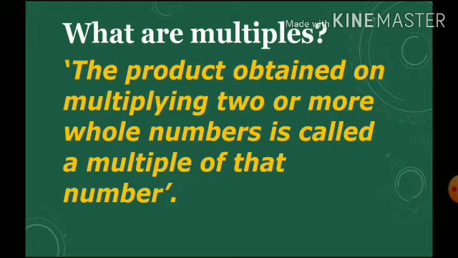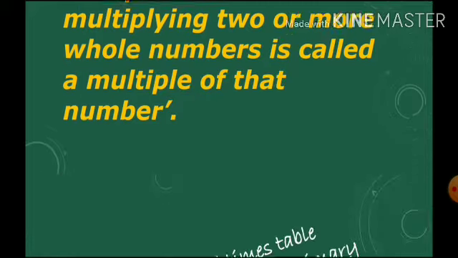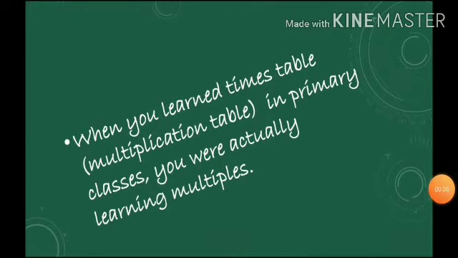That answer is the product. And that product is the multiple of those numbers. In simpler words, when you learn the times table, meaning the multiplication table, in primary classes, you are actually learning multiples.